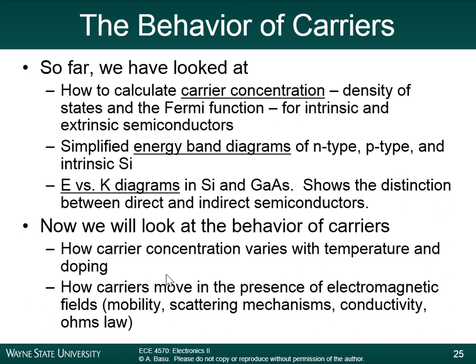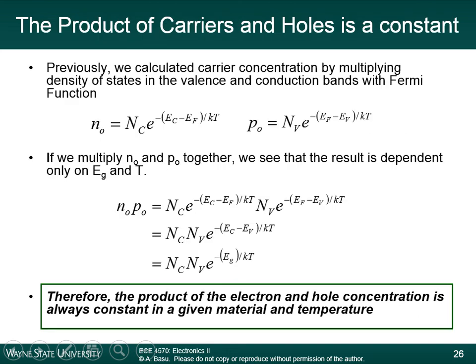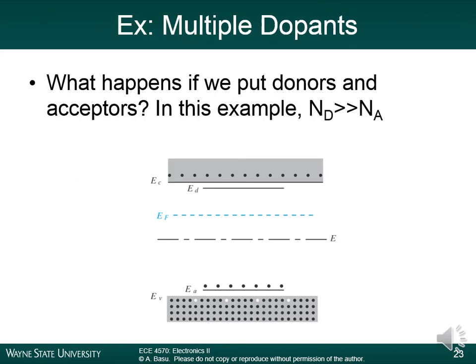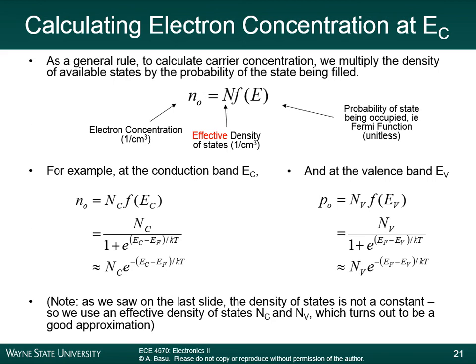What I'm going to talk about now is the behavior of carriers: how carrier concentration varies with temperature and doping, and how carriers move in the presence of electromagnetic fields. In that, we'll talk about mobility, scattering, and all this other good stuff. Continuing this discussion from before, we were showing this slide where we calculated the electron concentration and the hole concentration.